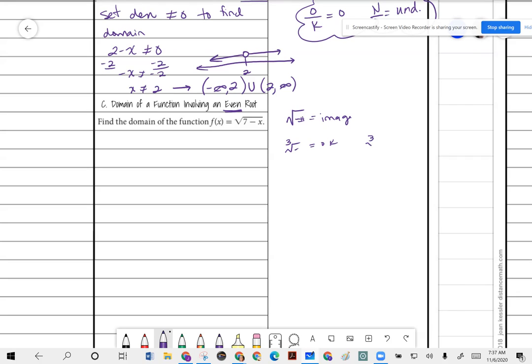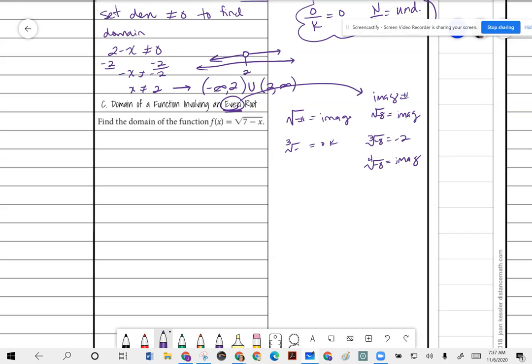So if I had the cubed root of negative 8, that's going to give me negative 2. But if I had the square root of negative 8, that's going to be an imaginary number. Same thing with the fourth root of negative 8. That's also going to be an imaginary number. So even roots will produce imaginary numbers.